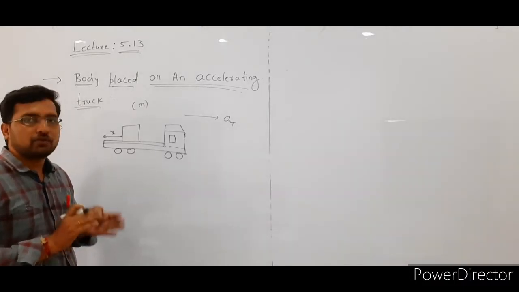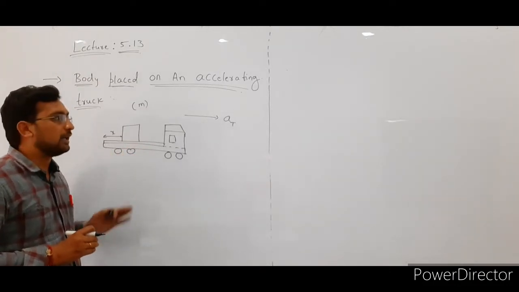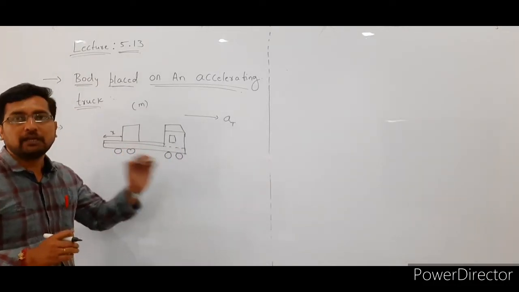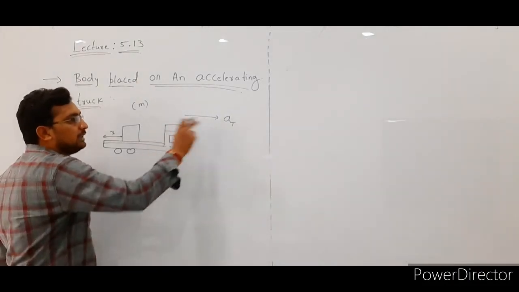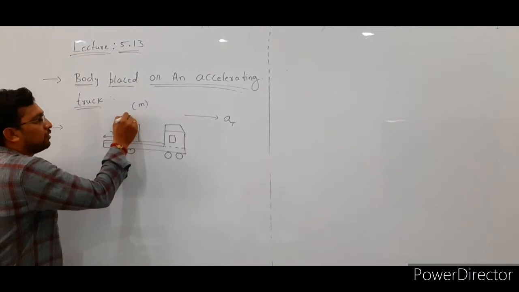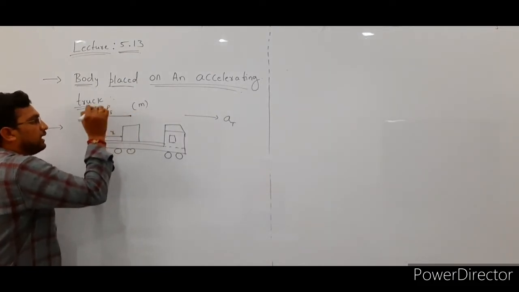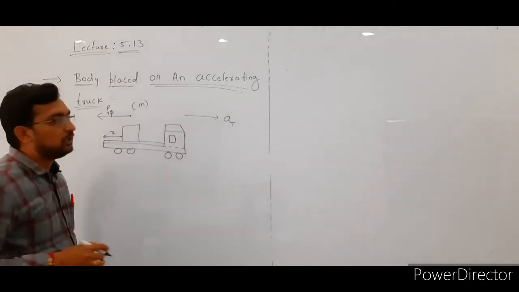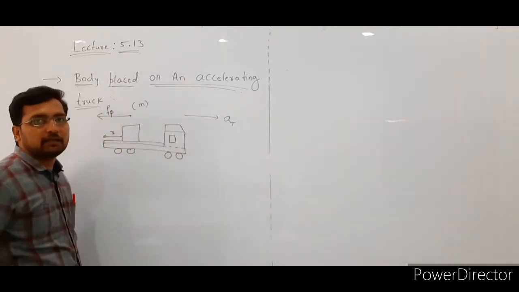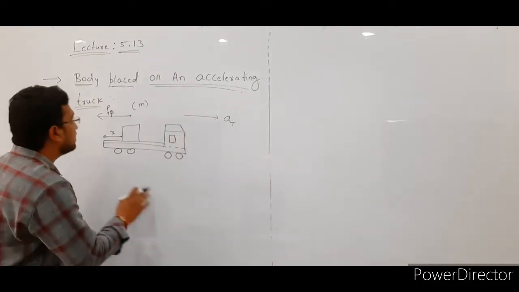The pseudo force acting on this block is exactly opposite to the direction of acceleration of the truck. So the direction of the pseudo force is always opposite to the direction of acceleration of the truck.